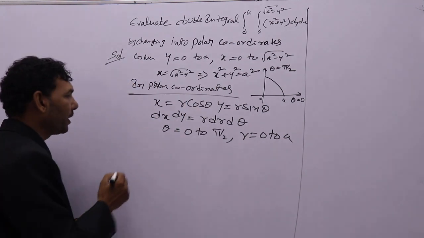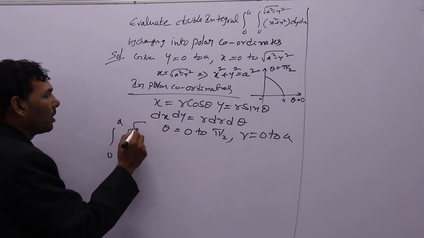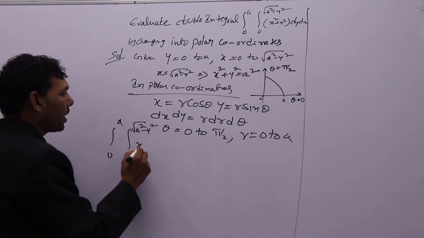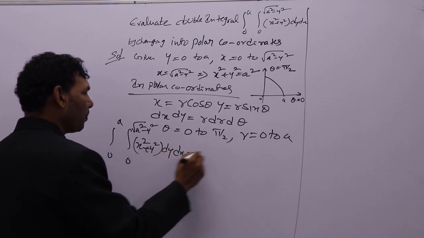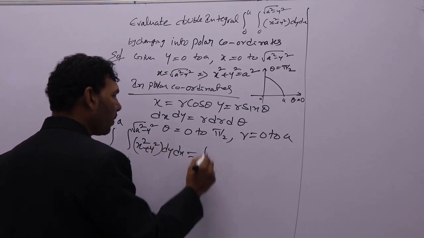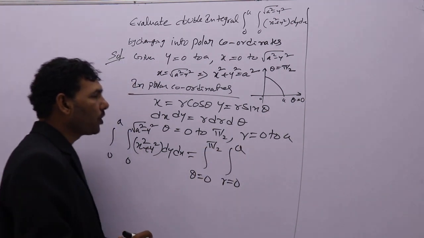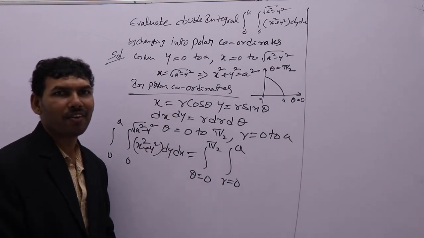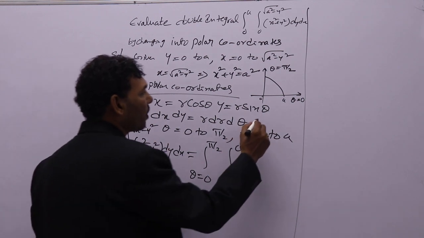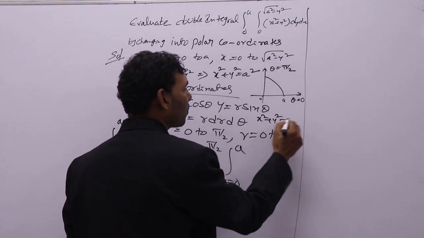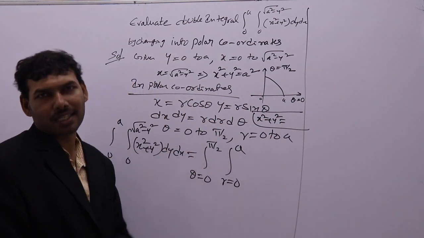Now evaluate that integral. Integral 0 to a, integral 0 to root a square minus y square, x square plus y square dy dx equals integral theta equal to 0 to pi by 2, integral r equal to 0 to a. When x is r cos theta and y is r sin theta, x square plus y square will be r square cos square theta plus r square sin square theta.